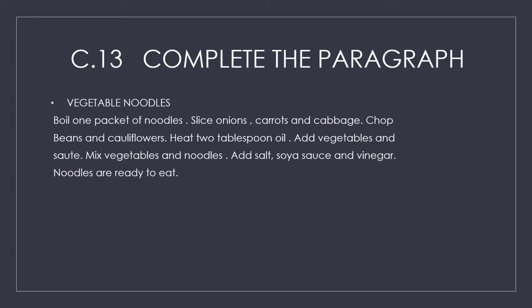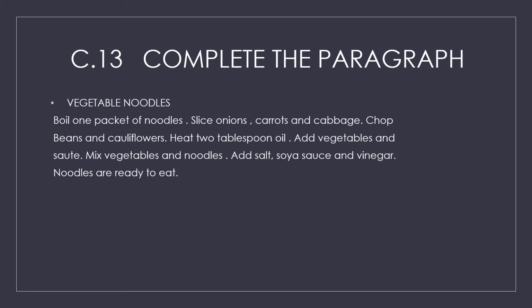Now, the first one, noodles are boiled and onions, carrots and cabbage are sliced. I'll repeat this one. Noodles are boiled, onions, carrots and cabbage are sliced. Beans and cauliflowers are chopped and 2 tablespoon oil is heated.